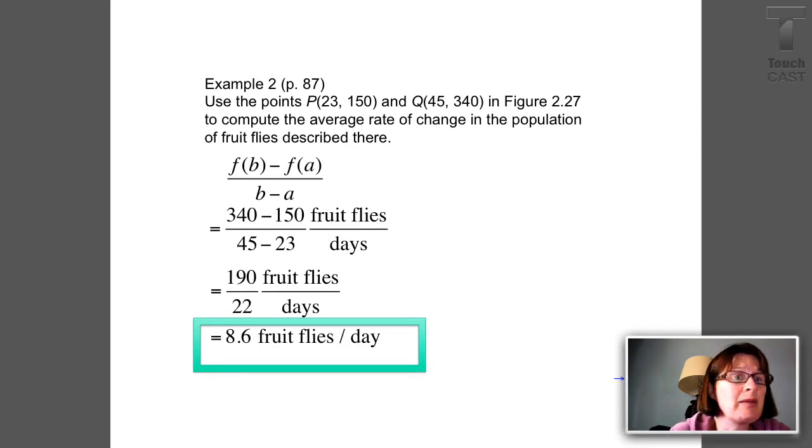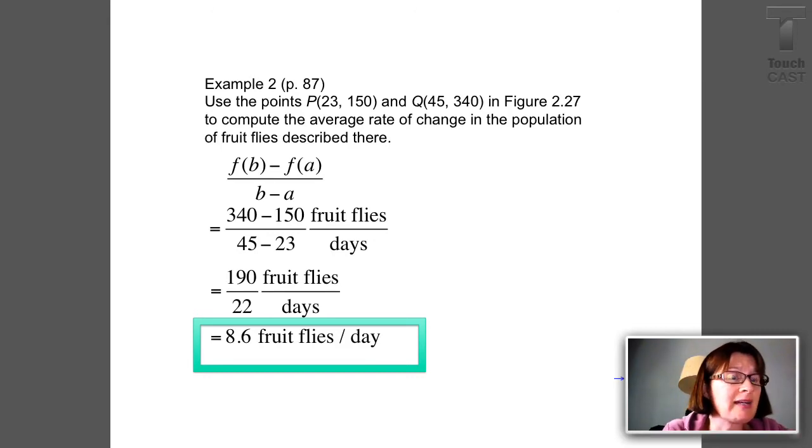In the denominator, b minus a is 45 minus 23. That's measured in days. So simplify, we get 190 fruit flies in 22 days, and that just simplifies to 8.6 fruit flies per day. That's the average rate of change of the fruit fly function over the time interval 23 to 45 days.